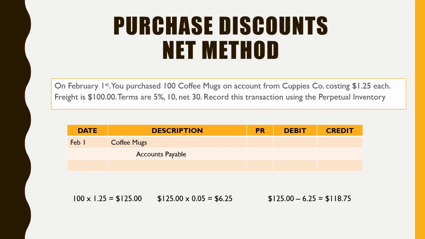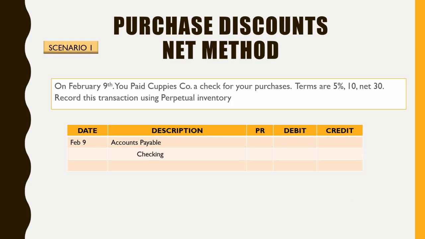That's going to give you $6.25. And of course, we have to also include the freight. So that's exactly what we're going to recognize: the discounted amount. So what we're going to have here is $118.75 plus $100 of freight to give you a grand total of $218.75. Okay? And of course, you pay for it on February 9th, which is within 10 days.